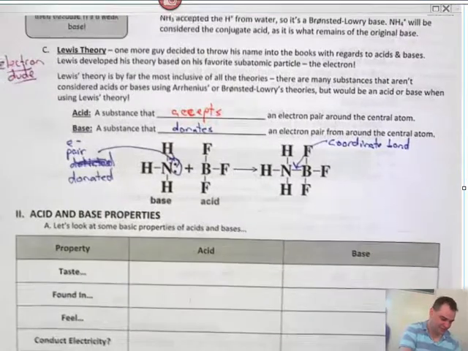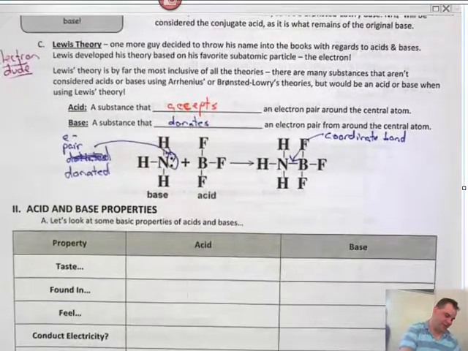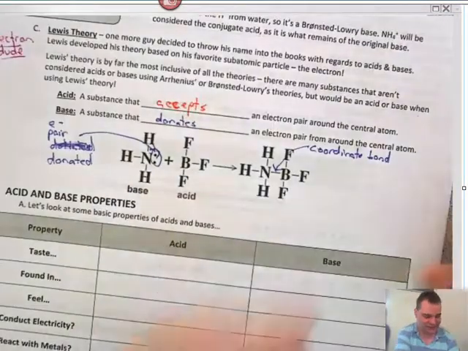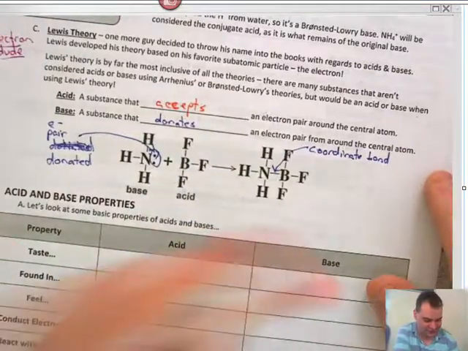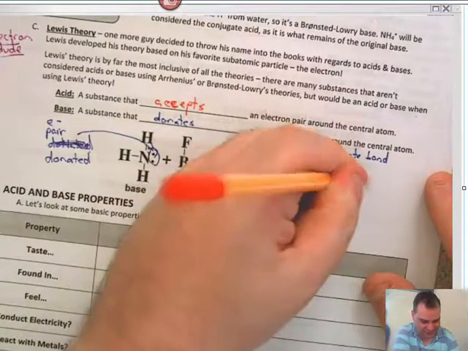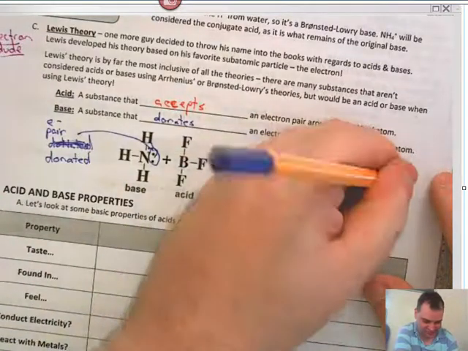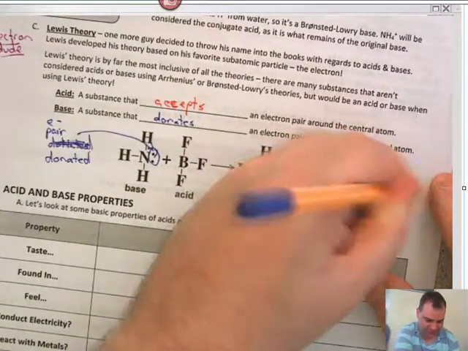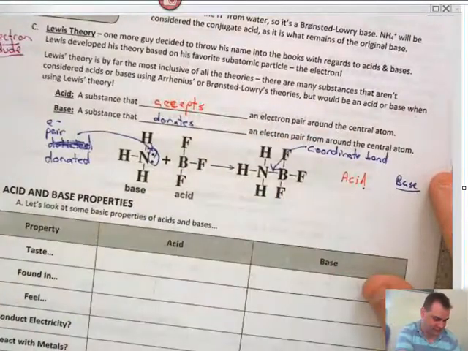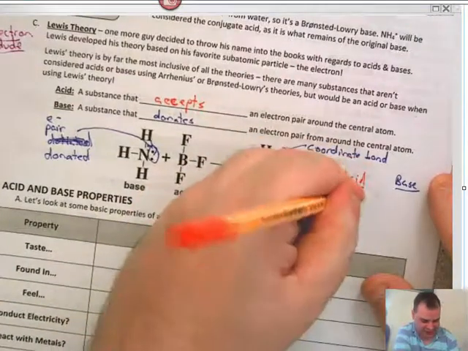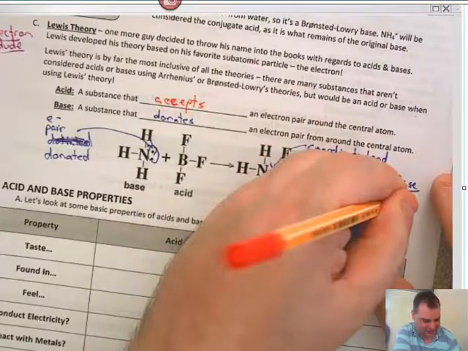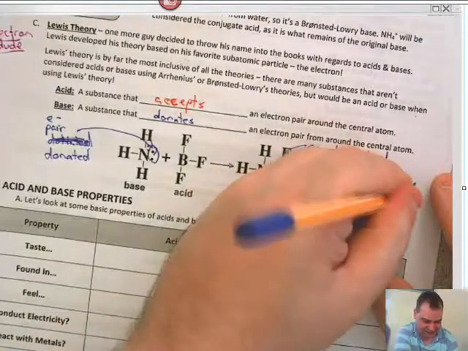So, let me give you a little summary of the definitions right here. We are going to have an acid and a base definition here. Remember, acids have H plus, bases have OH minus.